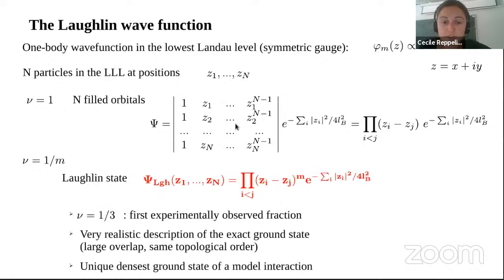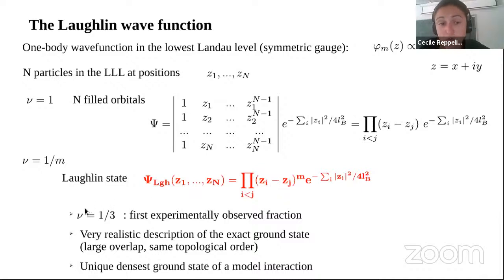And this wave function is really nice and very powerful for many reasons. So first of all, many observed fractional quantum Hall states have a filling fraction 1/m with m odd, because you need this factor to be antisymmetric to have a fermionic wave function.